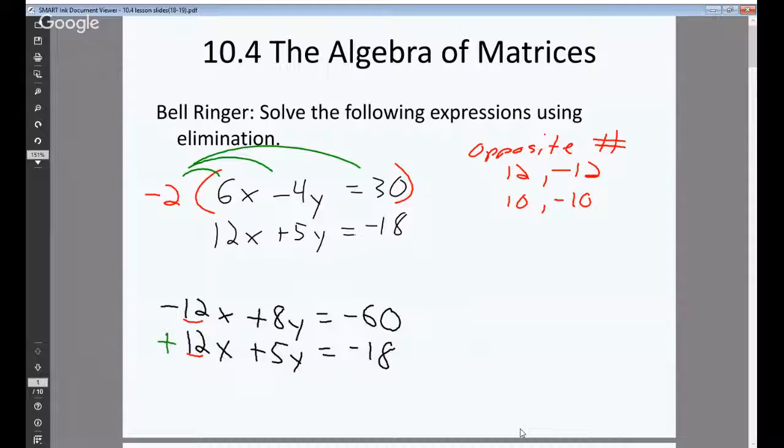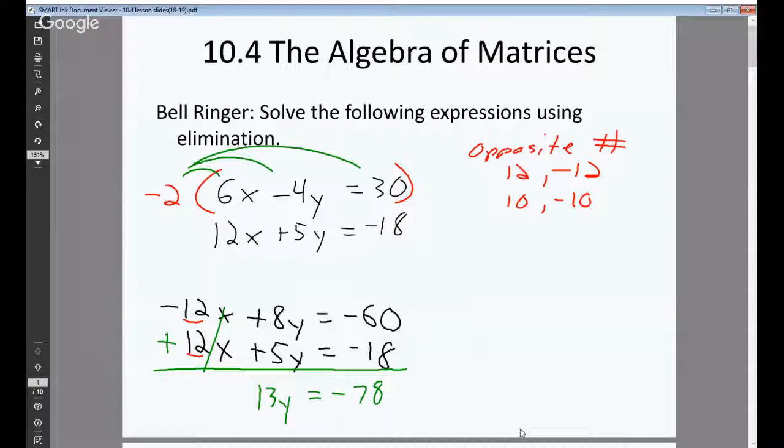Step 2 is when we combine all the like terms. Combine the x's, which will cancel. Combine the y's, +8 and +5, to give me 13y. And then I can combine the constants, -60 and -18, which will give me -78.